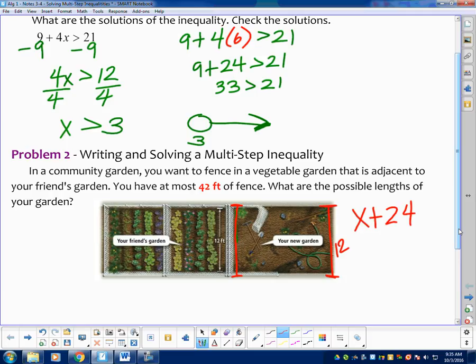And what am I gonna use for my inequality? If I have at most 42 feet of fence, can I use more than 42 feet? No. So can I use 42 feet? Yeah. So less than or equal to 42?